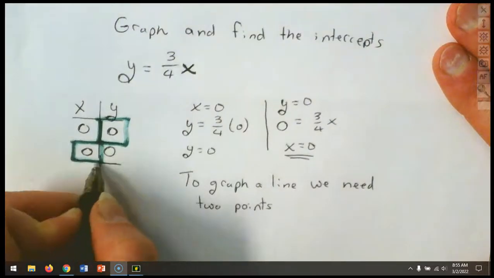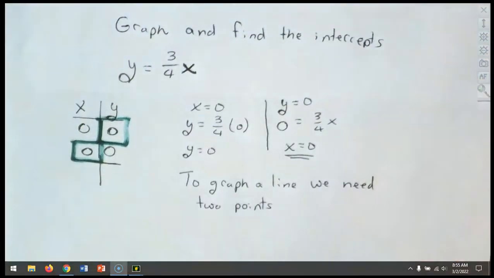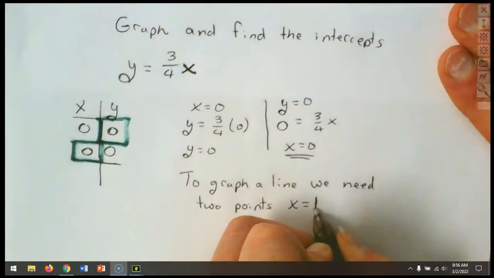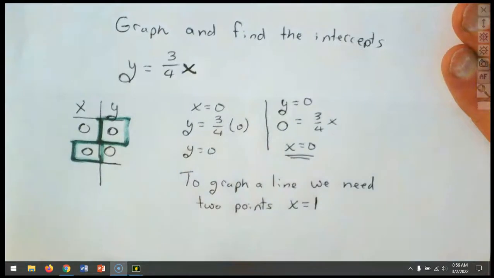Now you can use any number that you want. Normally I pick it for x, but you could just as easily pick it for y. But I'm going to go ahead and just pick x equals 1.